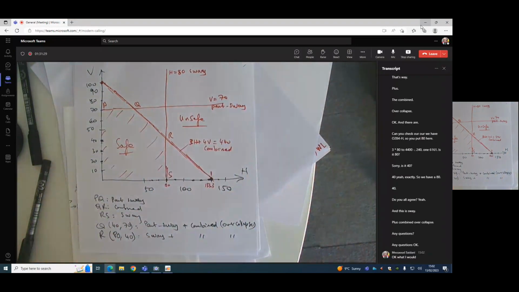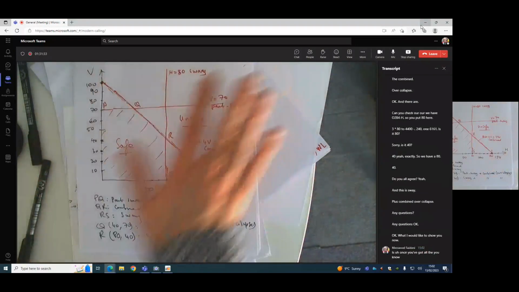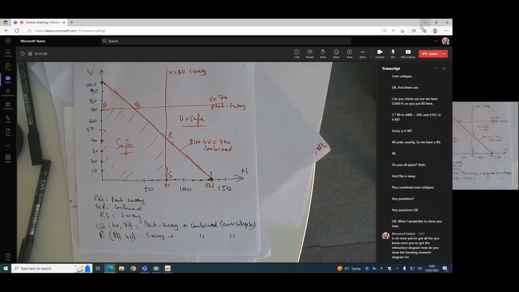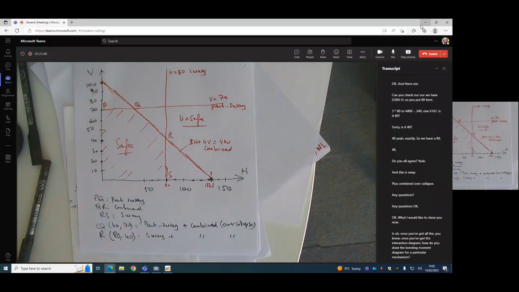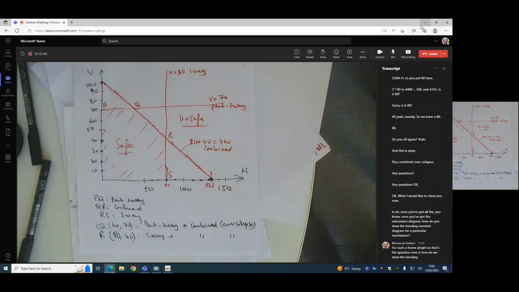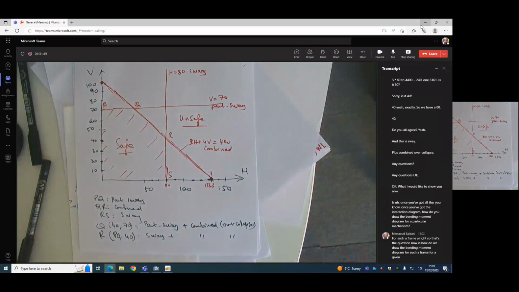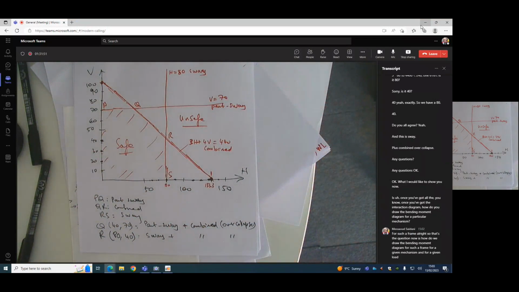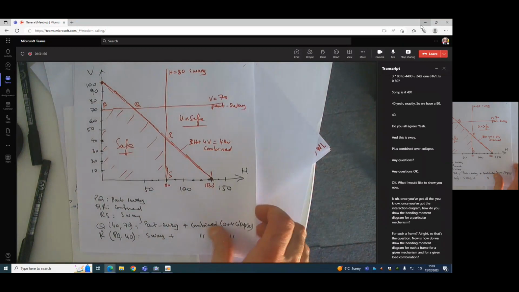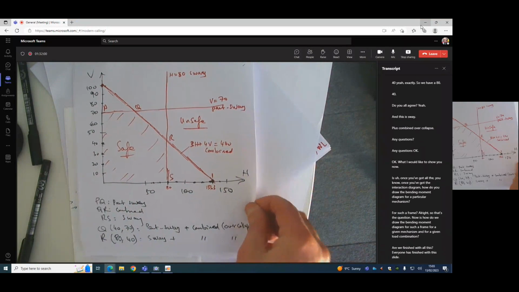What I would like to show you now is, once you've got the interaction diagram, how do you draw the bending moment diagram for a particular mechanism, for such a frame? All right. So that's the question now, is how do we draw the bending moment diagram for such a frame for a given mechanism and for a given load combination? Have we finished with all this? Everyone has finished with this slide? Okay, thank you.